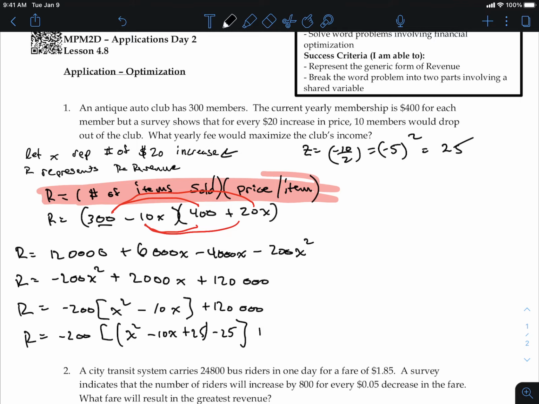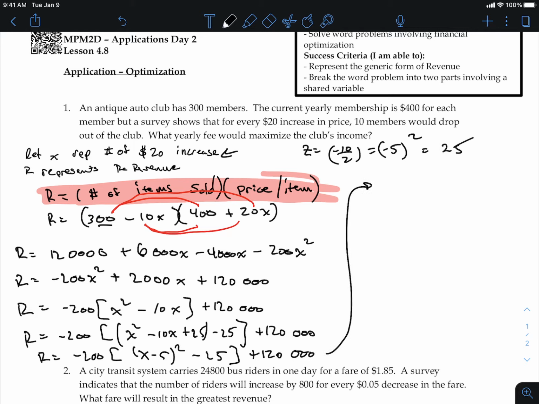Square bracket plus 120,000. R turns into negative 200, square bracket, x minus 5 squared, minus 25, square bracket, plus 120,000. We'll multiply the negative 200 in. Negative 200, round bracket, x minus 5 squared.